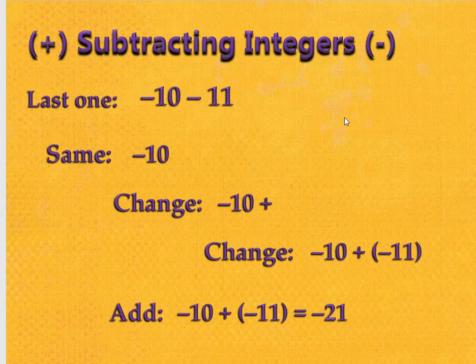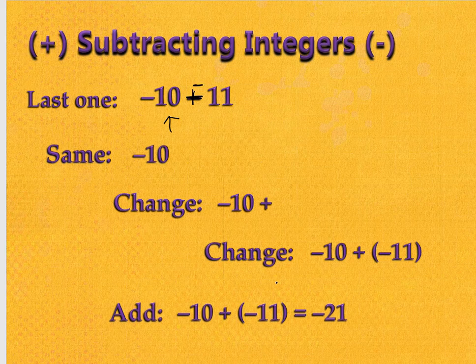Okay, so let's go ahead and look at another one. Negative 10 subtract 11. So remember, we're going to think same, change, change. Here we go. So negative 10, we're going to keep that the same. We're going to change the subtraction problem to addition. And then we are going to change the second integer to its opposite.